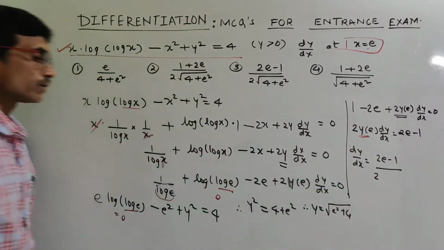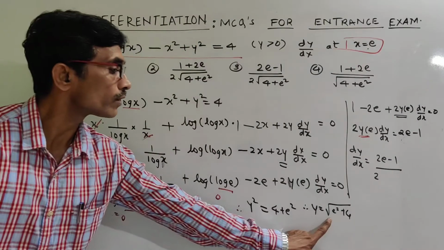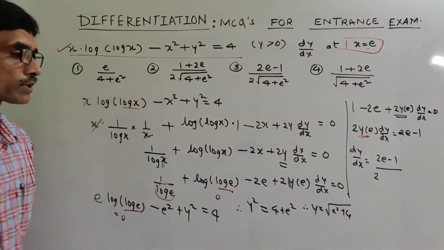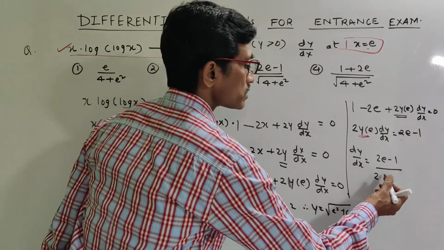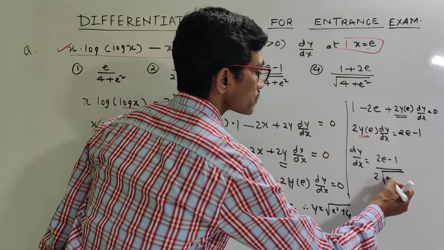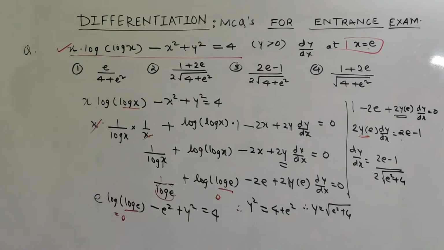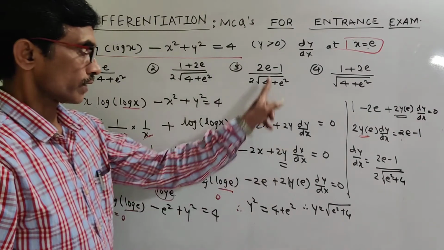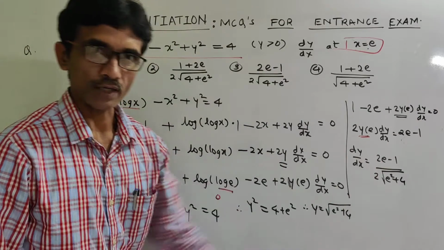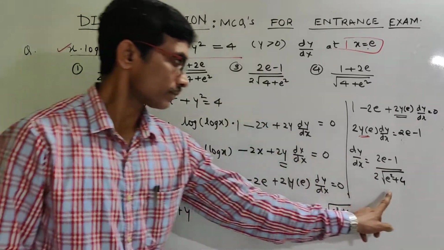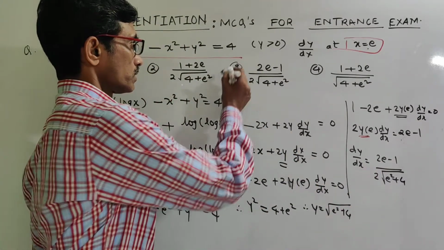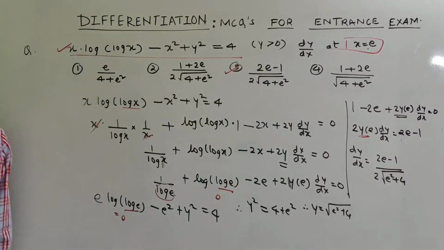So when x is equal to e, y is equal to square root of e square plus 4. So it is 2e minus 1 upon 2 times root of e square plus 4. So the third option is the correct option we are getting.